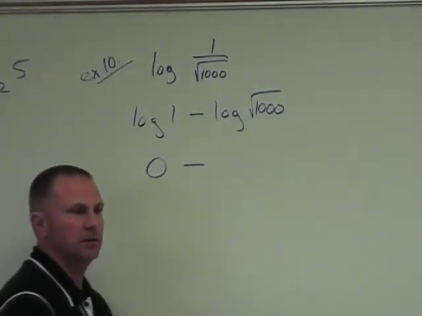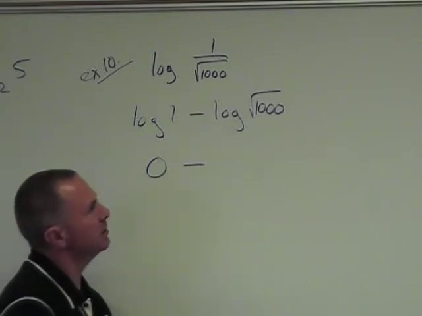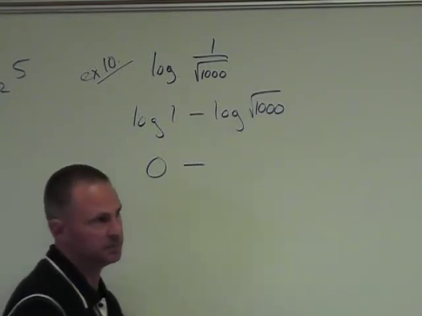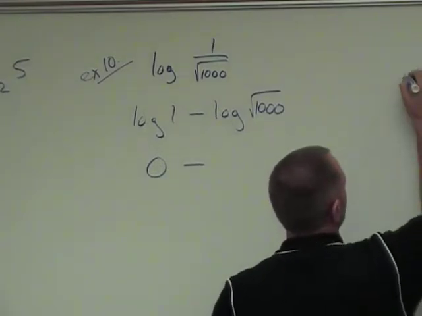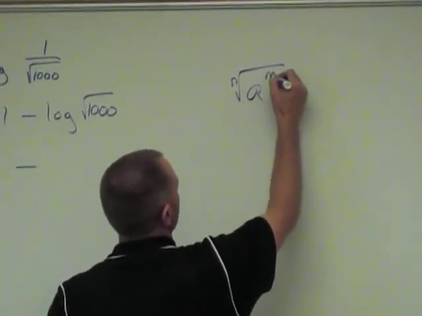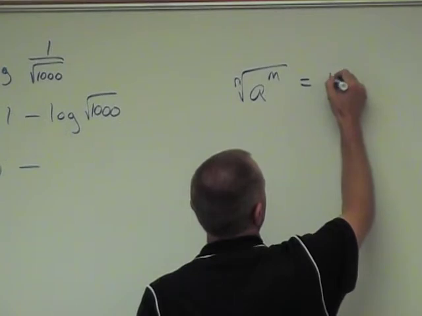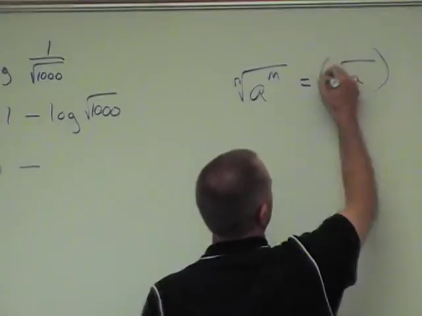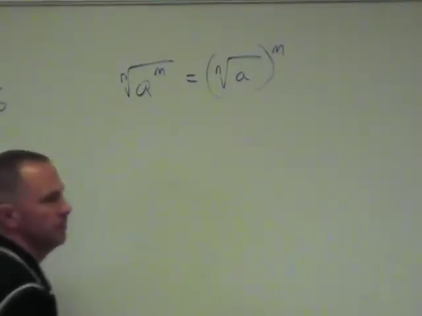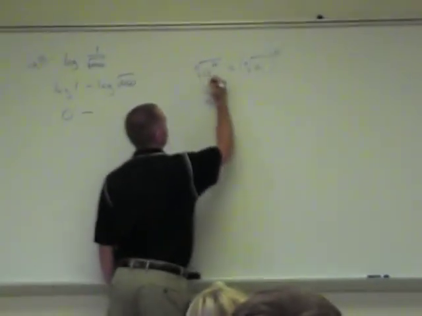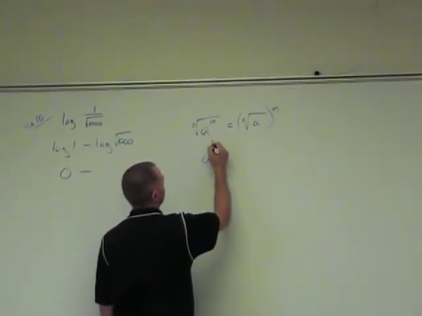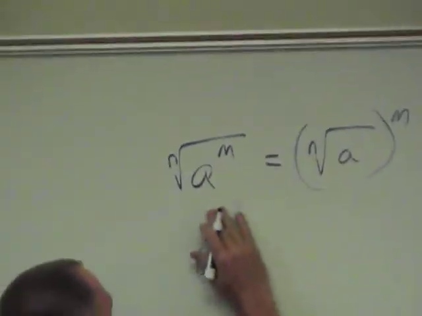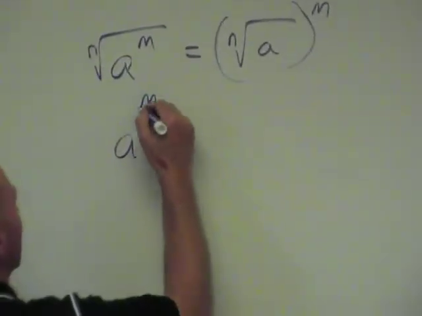Now, we don't like radicals, considering what the last two classes were like. I'll go ahead and re-explain this. The nth root of a to the m is the same thing as the nth root of a raised to the m. So this can be written as a to the m over n.